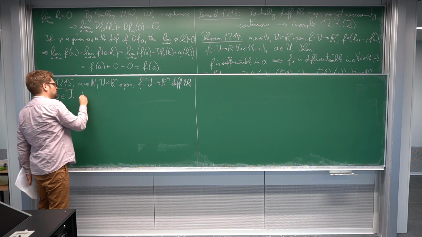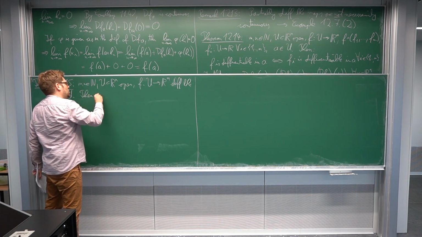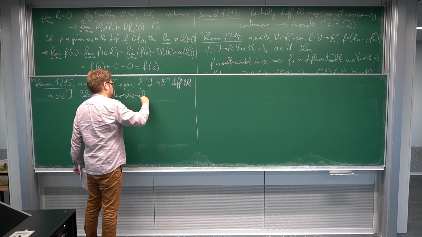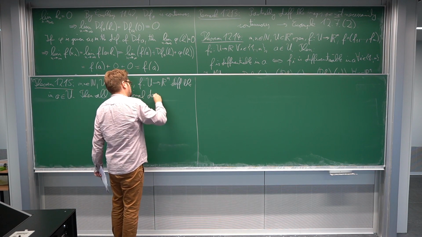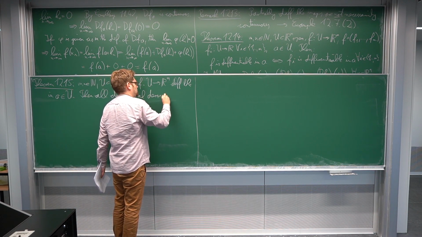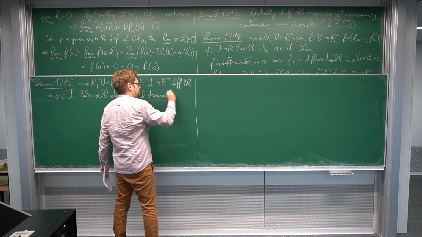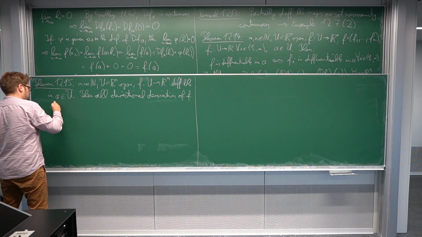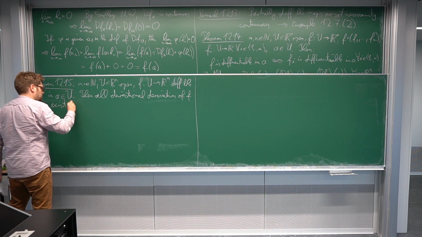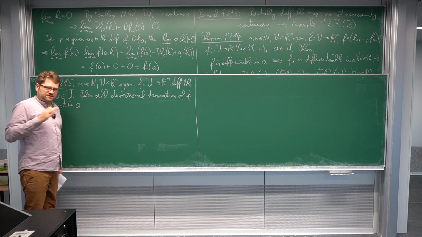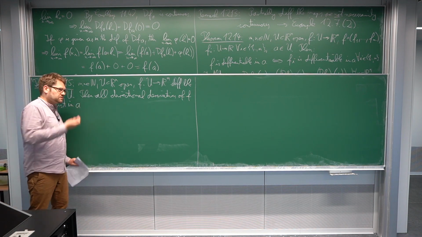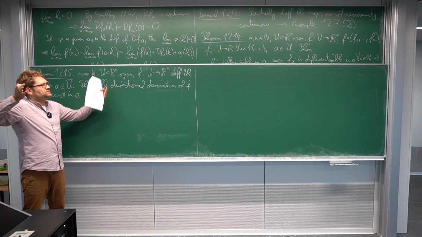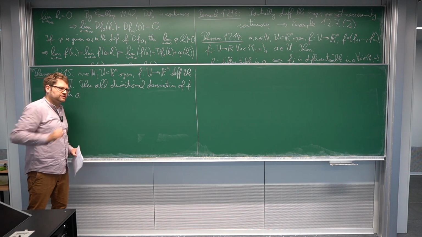It follows that then all directional derivatives of f exist in this point. This is good news. This is great. Wow, the old notion now really exists there. So the big differentiability implies that we have all the directional derivatives.